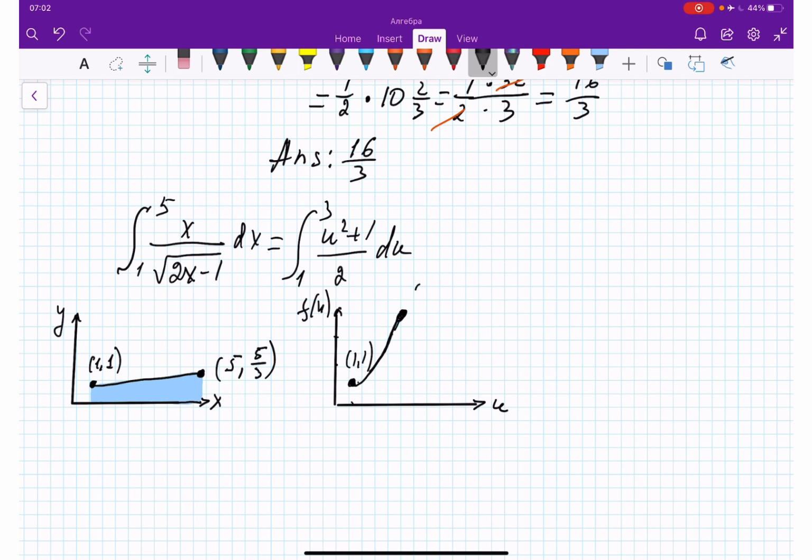And this is going to be 3 and 5. All right, and the shaded area underneath is going to be this.